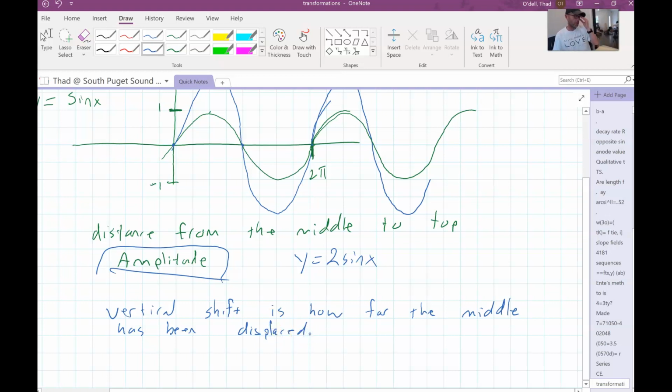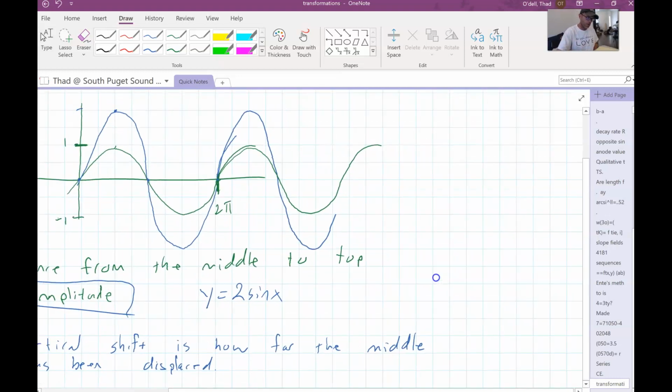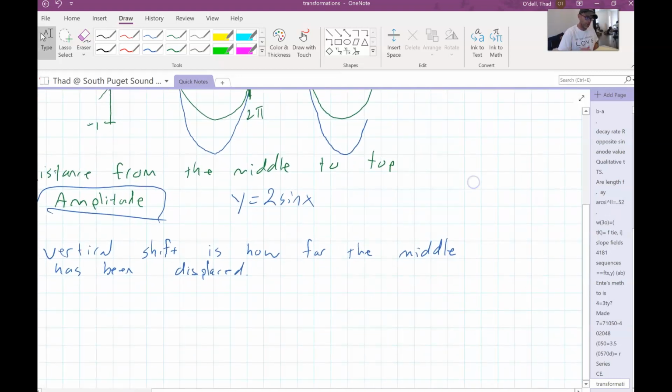So again, if you remember that shifting moves everything, whereas stretching only moves things that are not on the x-axis. So the way we tell if something's been shifted is by whether it's located around the middle or not.